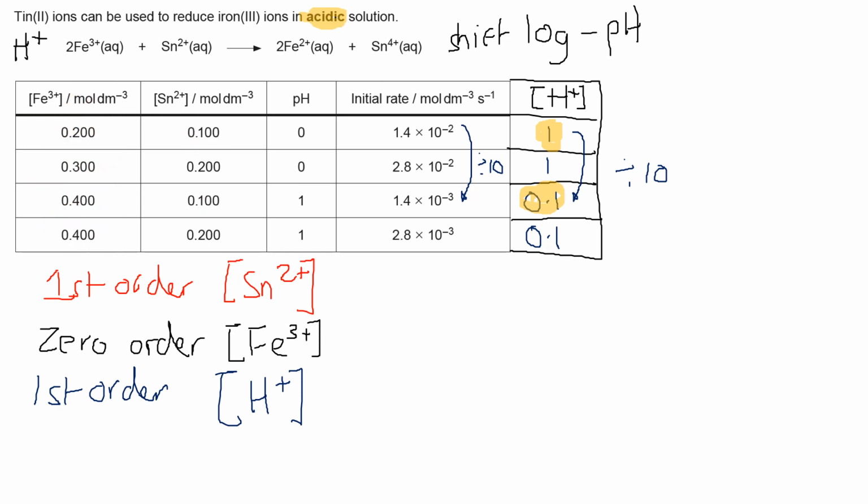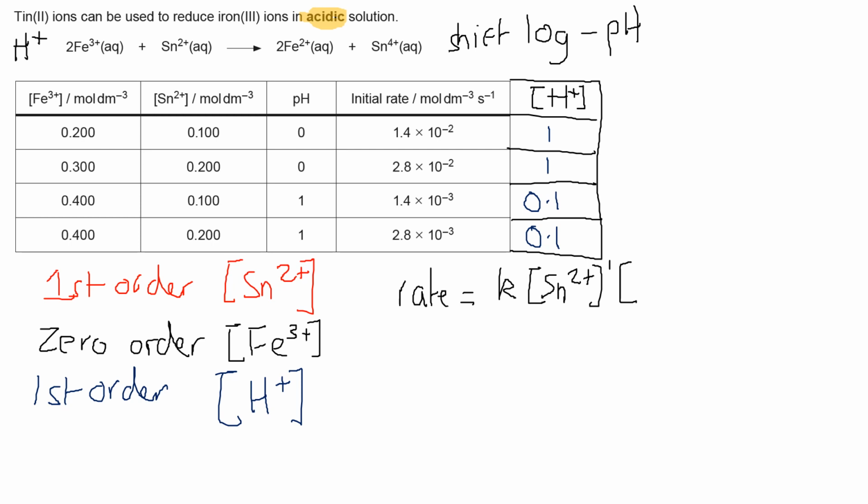Okay, let's take the scribbles off and then we'll carry on. So we need to write our rate equation. We'd say that rate equals k times the concentration of the Sn2+ to the power of 1 times the concentration of the Fe3+ to the power of 0 times the concentration of the H+ to the power of 1.